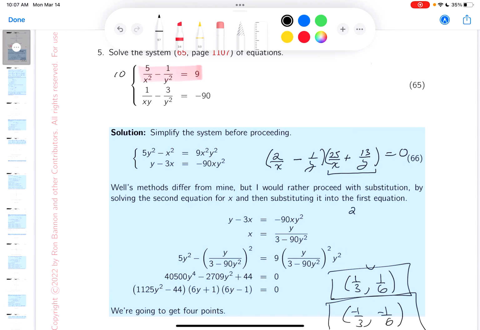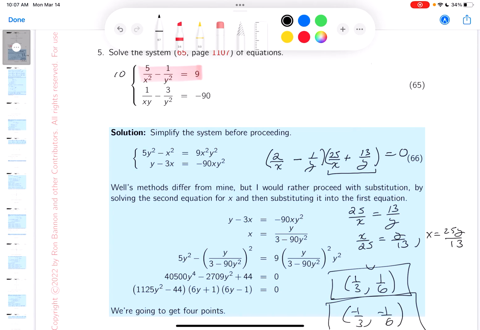So it's 25 over x equals 13 over y. And let's see what I can do here. I guess I could write x over 25 equals y over 13, right? And then I could probably just simply say x is 25y over 13.